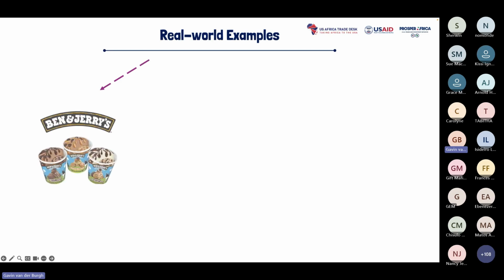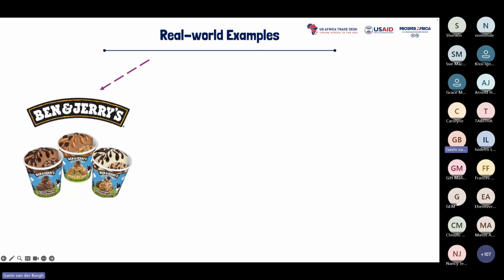And here I'm going to use a couple of real world examples. I'm going to use a brand to start off here in the United States called Ben & Jerry's. They're very well known for using packaging as a tool to communicate what their social positions are.